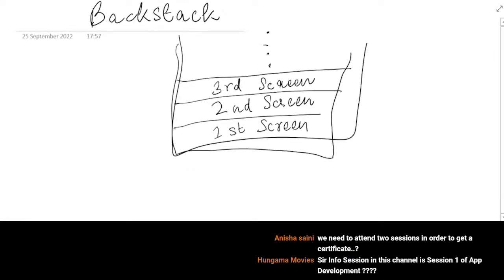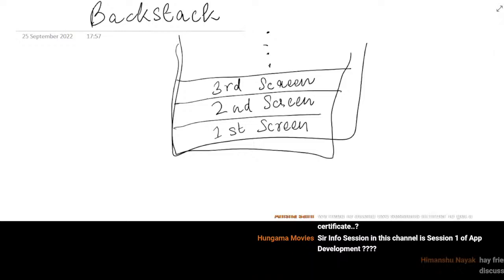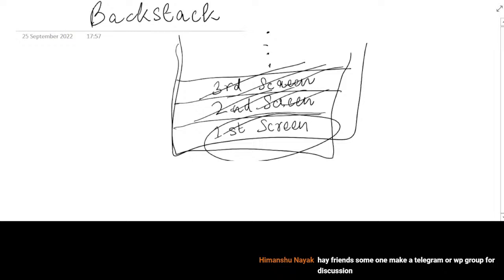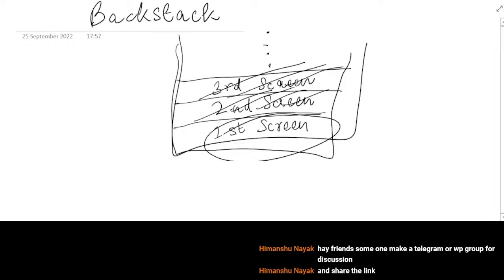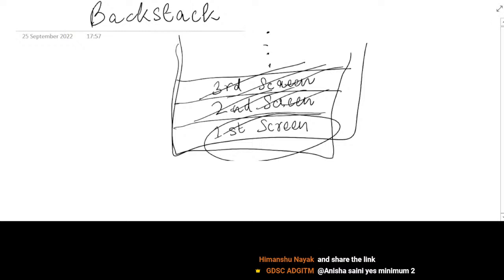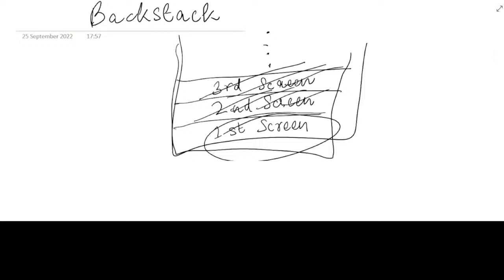If I want to return to the home screen, you can guess what needs to be done. I want to pop everything from the backstack. So I want to pop this out, and this out, and reach the first screen. To reach the home screen, I'm popping everything from the backstack until I reach my start screen. That is what is being done by the popBackStack function, where I pop everything from the backstack except the first screen. All right, so I think backstack must be clear to you by now.